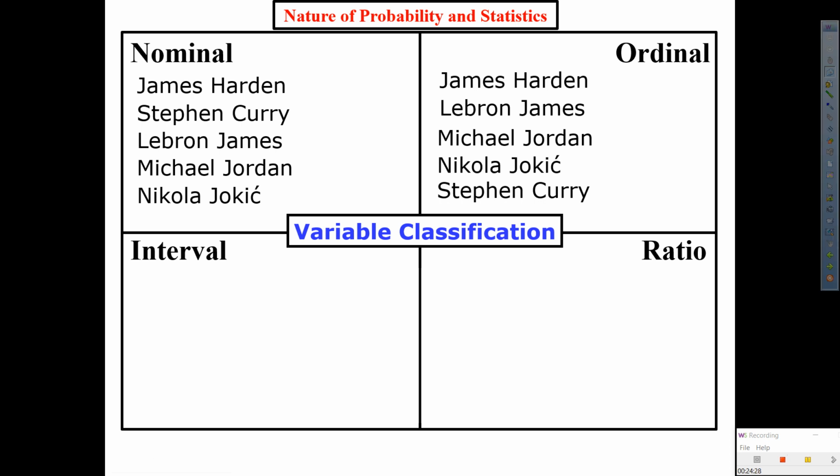Noel, what was the order? He said alphabetical. J, L, M, N, S. Yes, alphabetical. Because for ordinal, there's no one greater than the other.